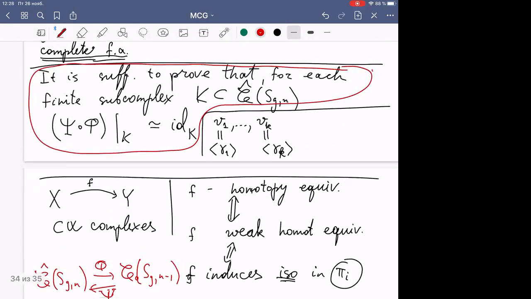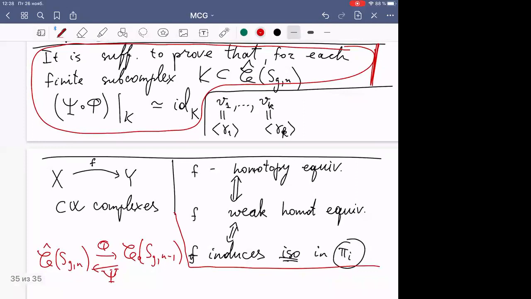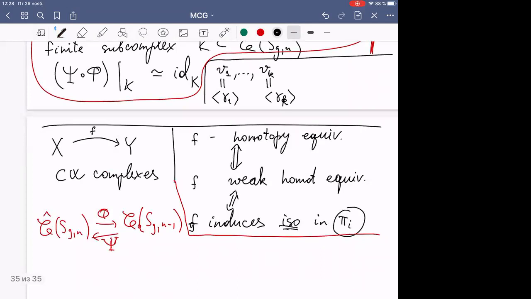If I prove this, then it will follow that phi and psi induce isomorphisms in homotopy groups. Namely, since we already know that phi psi is the identity, the induced map on homotopy groups is also the identity.